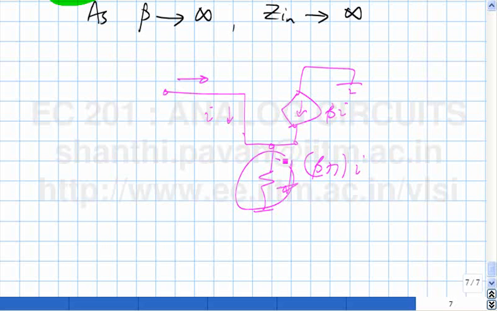So it will seem as if the impedance has gotten multiplied by a large factor.